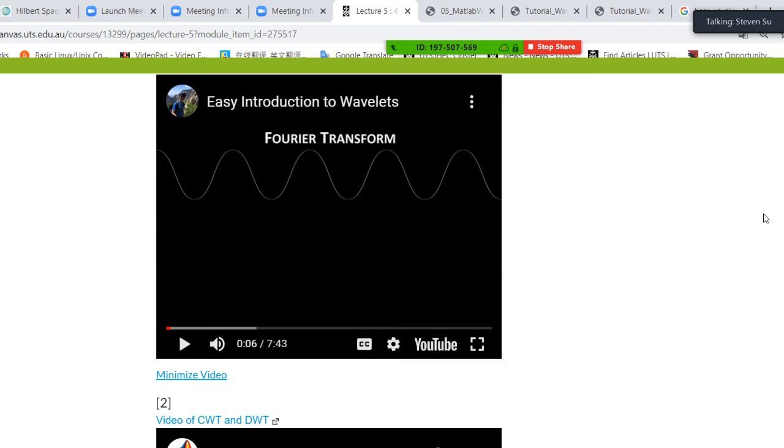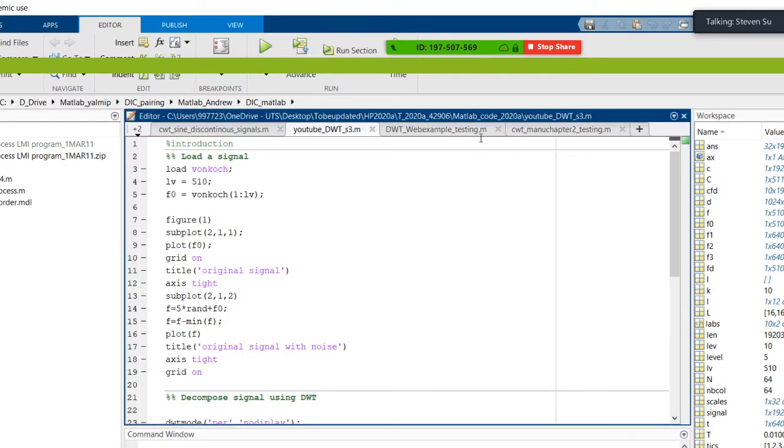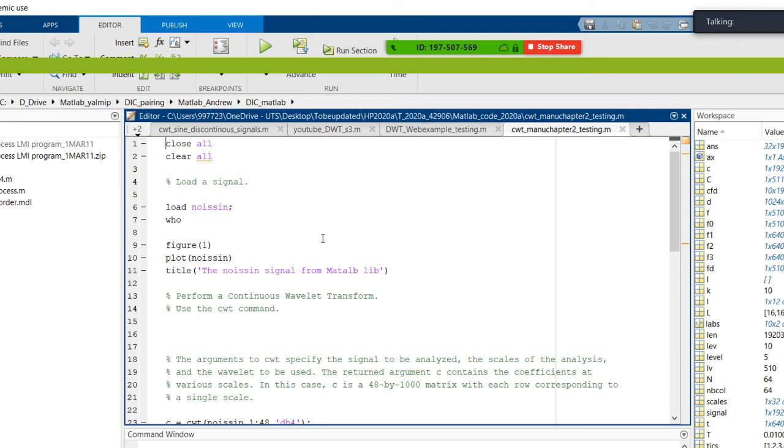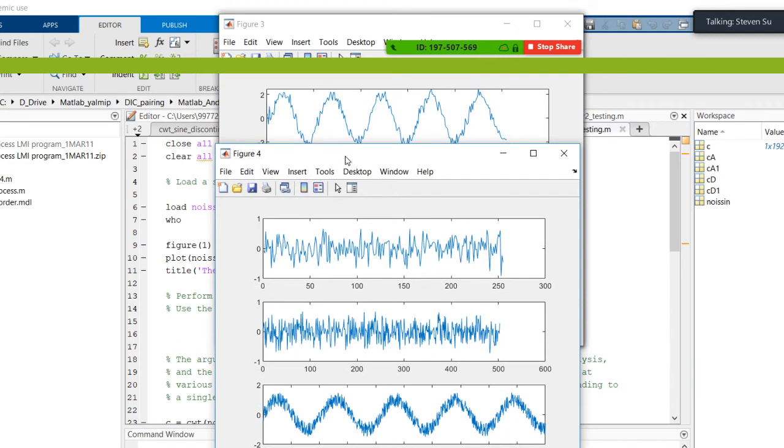Now I show you in MATLAB how difficult or how easy it is to implement, for example, CWT. For CWT you use a continuous wavelet. So you can see the speed is still very quick.